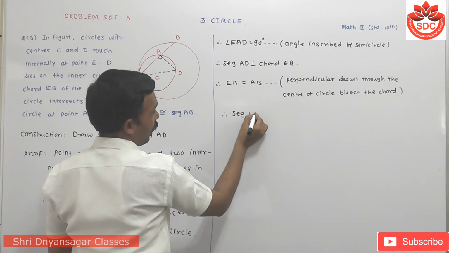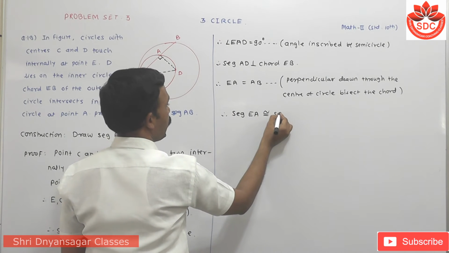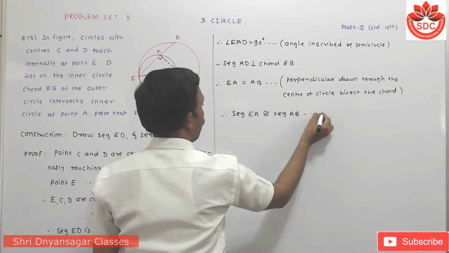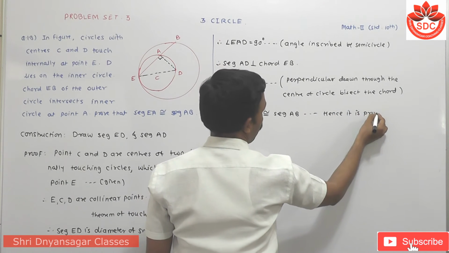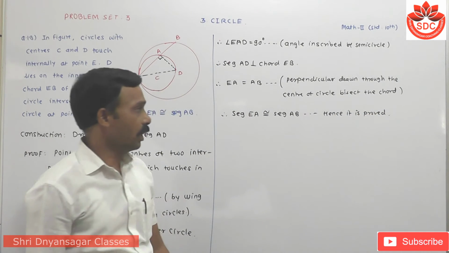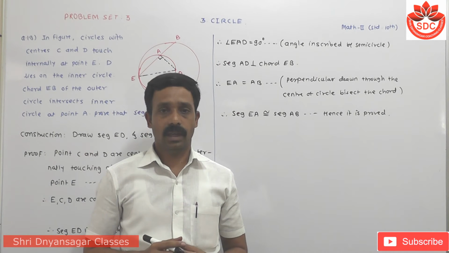Therefore segment EA is congruent with segment AB, and hence it is proved. So simple theorem. Okay, we take the next example.